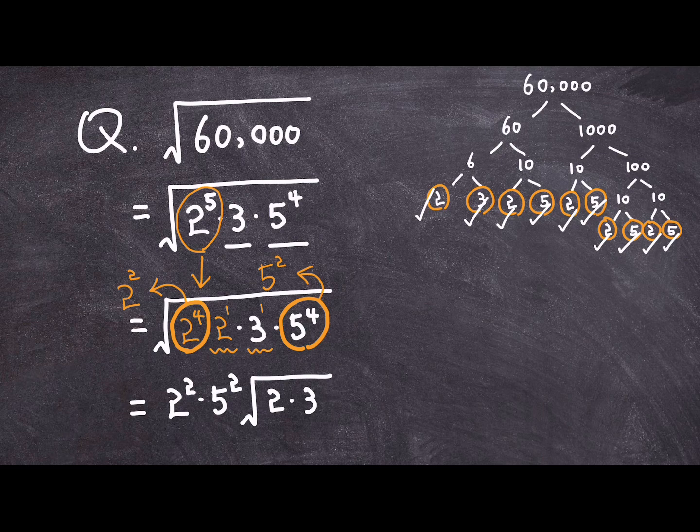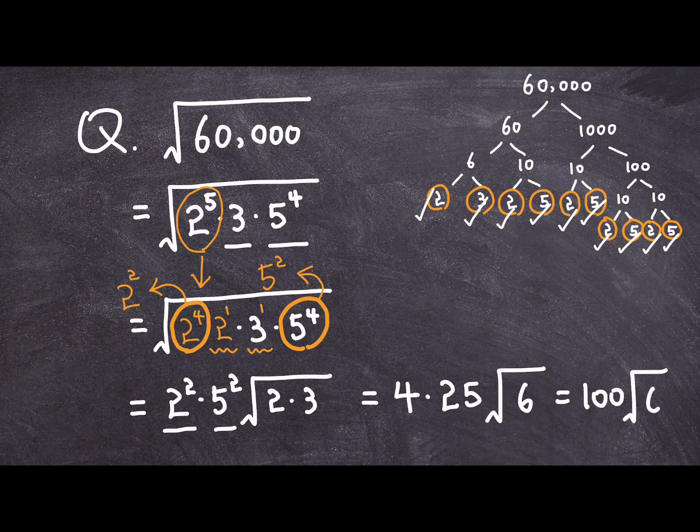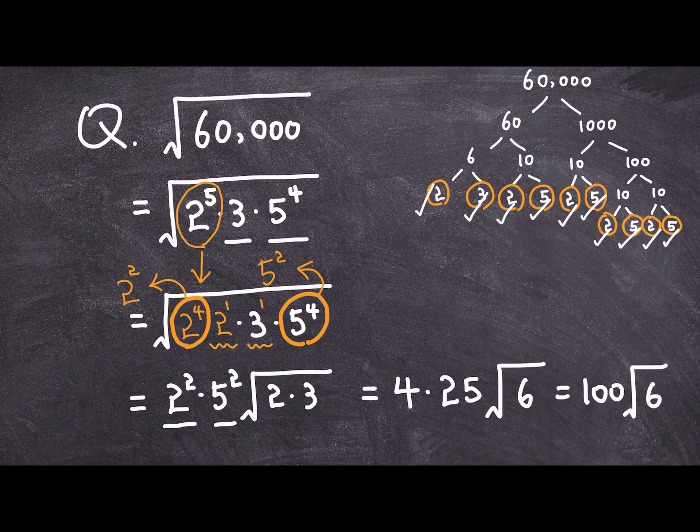Okay, so what is that equal to? 2 to the power of 2 is equal to 4. 5 to the power of 2 is equal to 25. Square root of 2 times 3, 6. So that's equal to 100 times square root of 6, and that'll be our final answer.